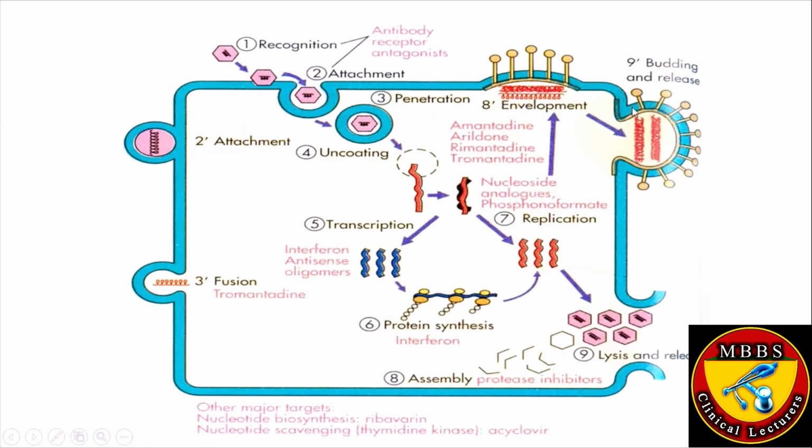You can see here the cell membrane provides the spikes or the proteins on the surface. So this is the process of budding and this is the process of lysing.